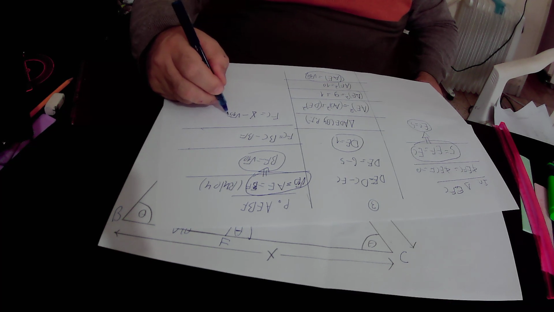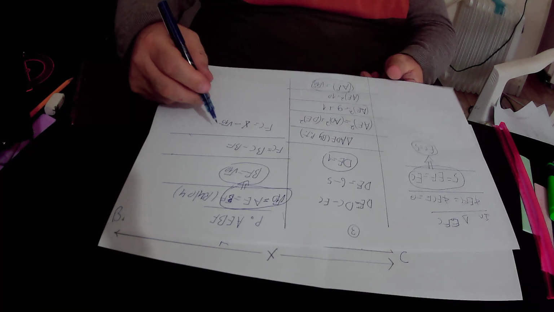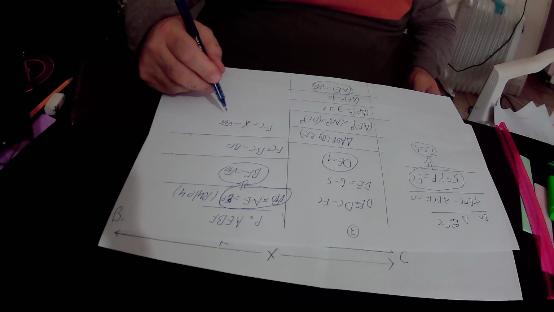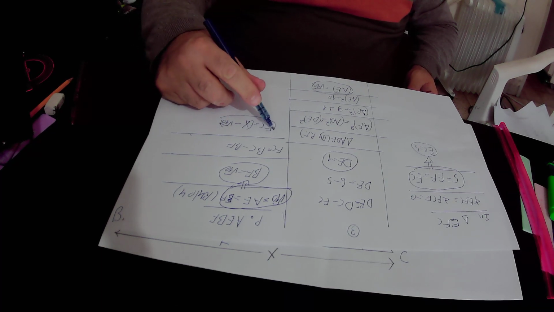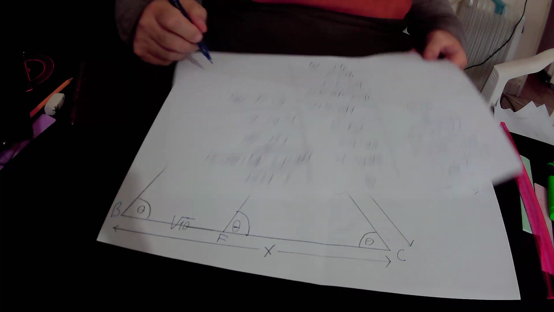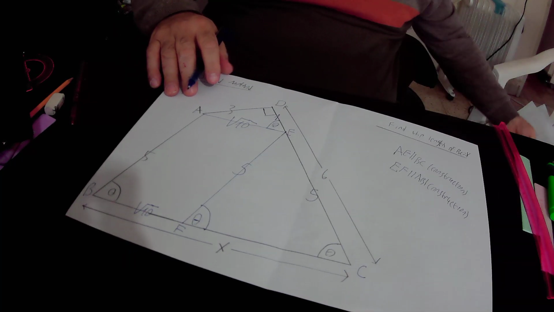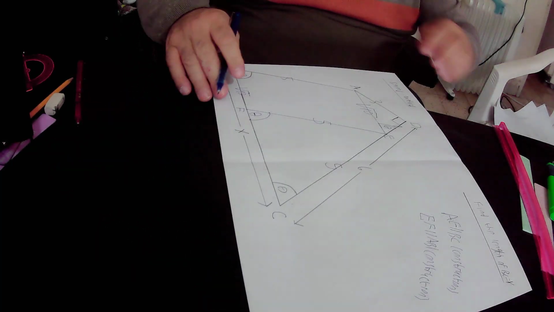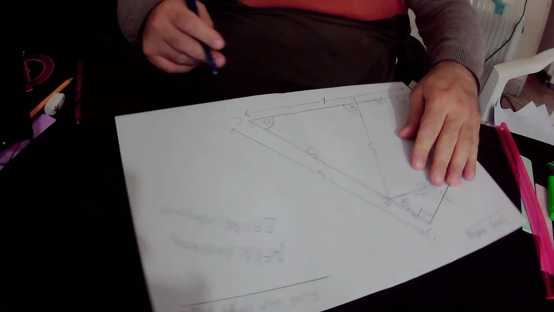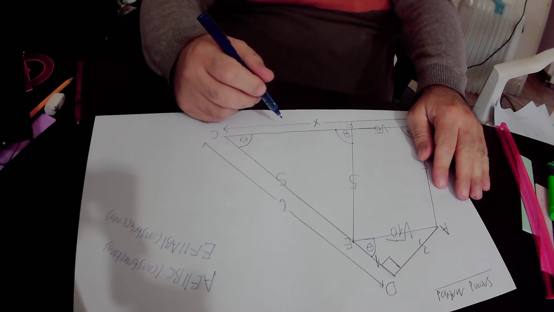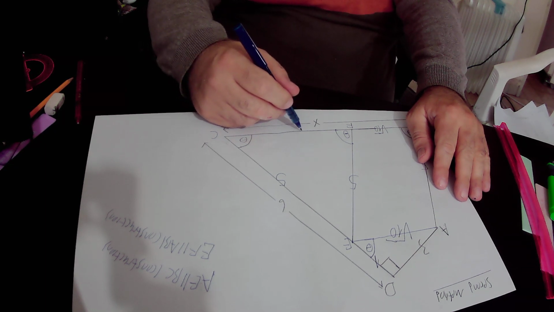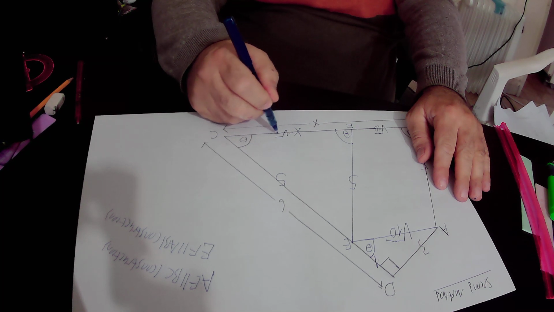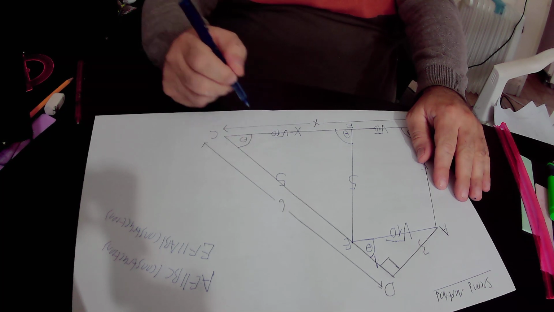So in conclusion, FC, which equals BC minus BF, equals X minus the square root of 10 units.